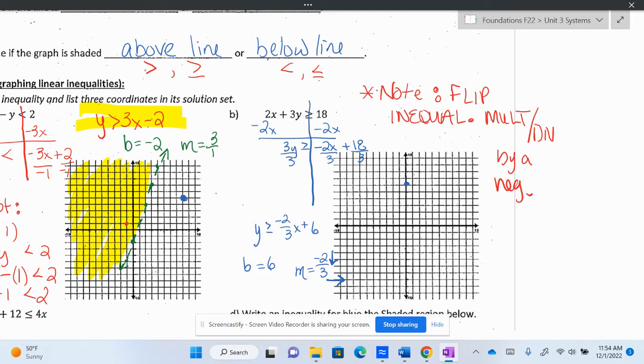Begin at +6, down 2/3. Solid line or dashed line? Solid. Shading above it or shading below it? Above. Good job.